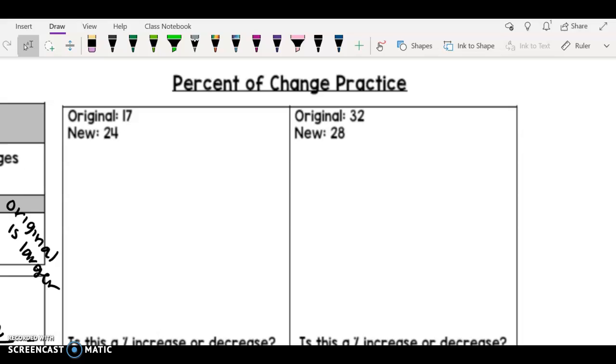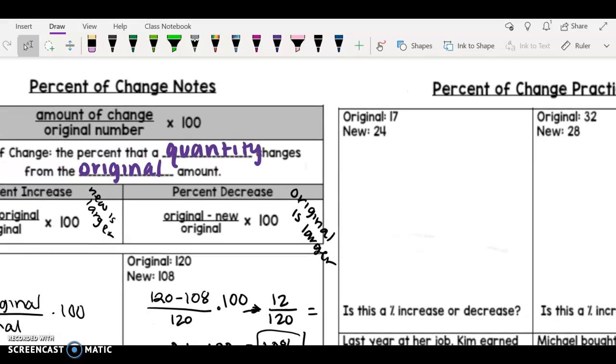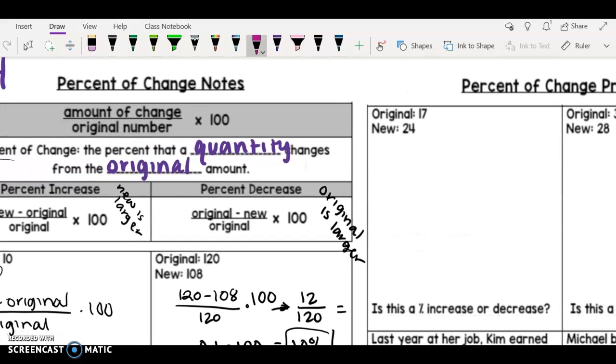All right, let's go over the practice. So we have our original, which is 17, and our new, which is 24. And remember, when the original is smaller, then we have an increase.